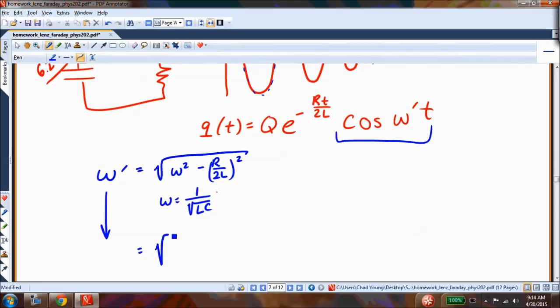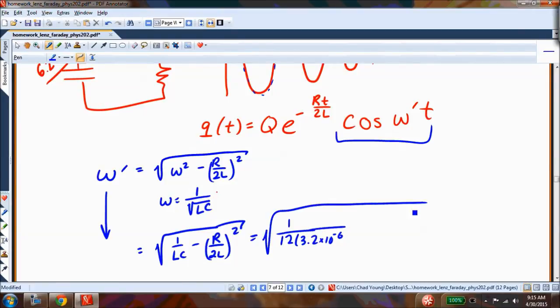It's going to equal the square root of 1 over LC minus (R over 2L) squared. I have all these values, so that's going to be 1 over 12 times 3.2 times 10 to the minus 6, that's 1 over LC, minus R, let's see, R is 7.2 ohms, divided by 2L.